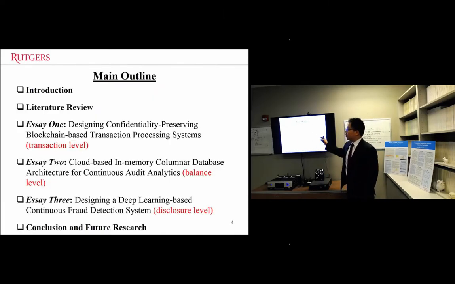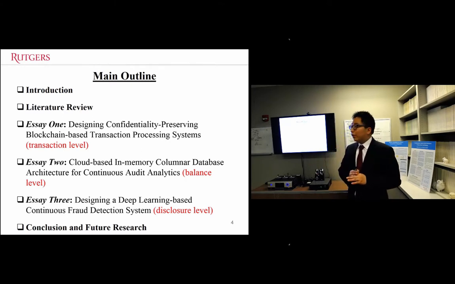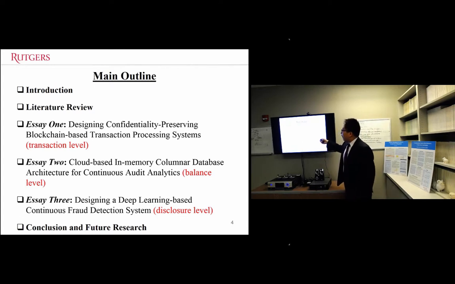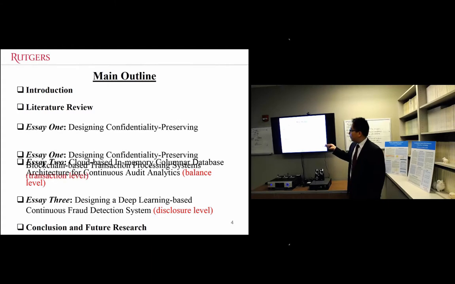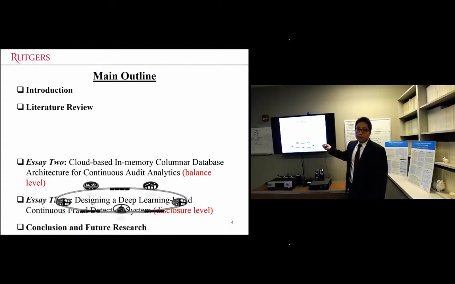The dissertation includes an introduction part, which introduces the three different technologies: the blockchain, the in-memory columnar database, and the deep learning. And the literature reviews the whole body of the literature from continuous auditing, fraud detection and prevention, and then the first essay designing a confidentiality preserving blockchain-based transaction system, where I use the blockchain to build the transaction processing systems.